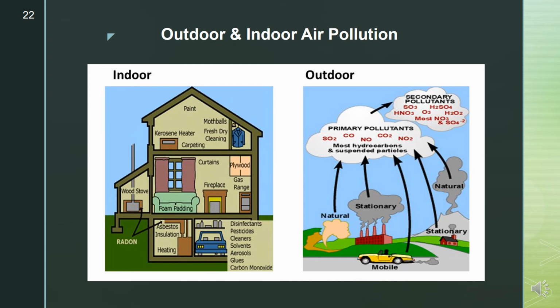Exhaust from vehicles. Coming to indoor, paint, carpentry, cleaning, fireplaces, gas range, stoves, etc., pesticides, cleaners, glues, carbon monoxide, heating, etc. will cause indoor air pollution.